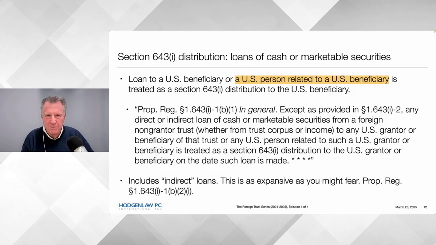So really, if you are doing ground up work, maybe for the purpose of representing the trustee of this thing to prepare the foreign non-grantor trust beneficiary statement, you've got to look in the abstract, were there any loans at all? And then you sort of trace them down and see if they trip over one of these tripwires here that creates a deemed distribution to a U.S. beneficiary.